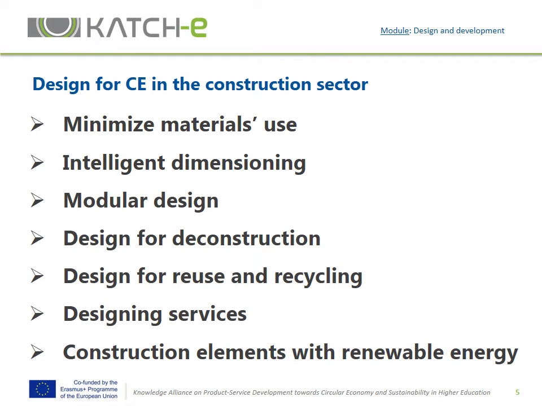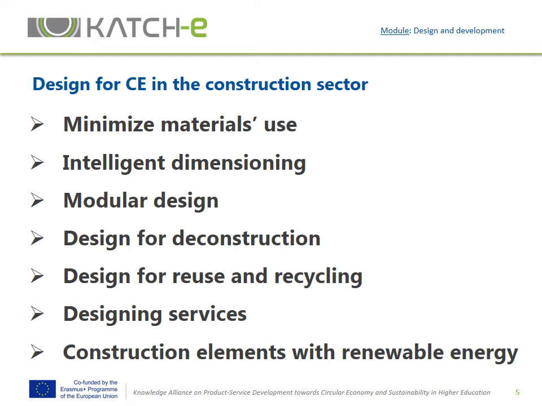In a circular construction sector, it is important to ensure that a building does not lose its utility. Buildings should no longer be designed for a fixed purpose, but rather be adaptable. They should also be suited for relocation and for deconstruction and reuse.